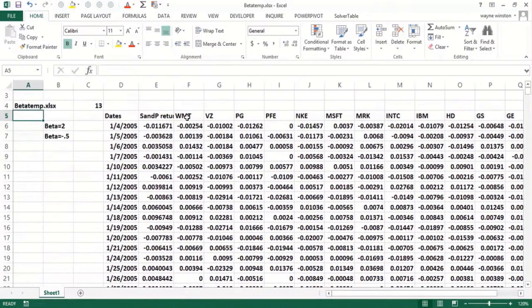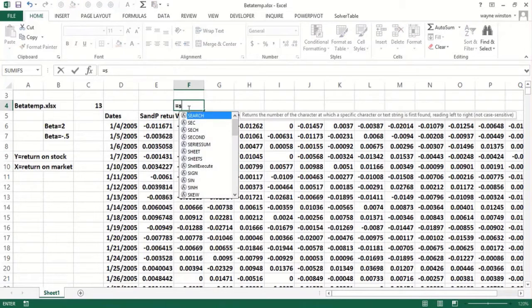I got 13 stocks, and let's suppose you're given 30 seconds to find the beta of each stock. Well, the beta is the slope when you run a regression where Y is the return on the stock and X is the return on the market. So I could just use the Excel SLOPE function with the appropriate dollar sign.